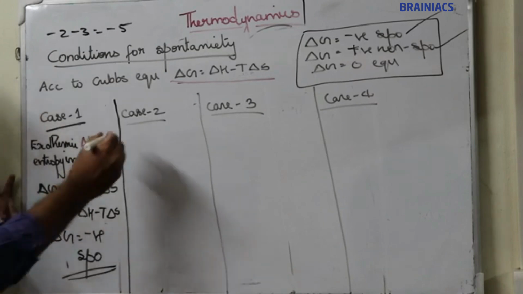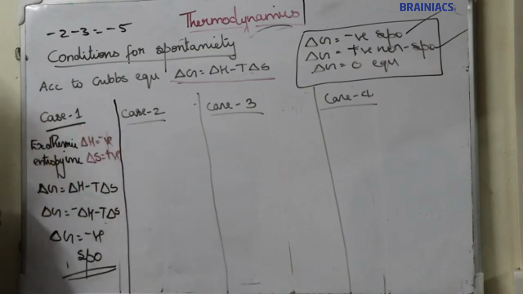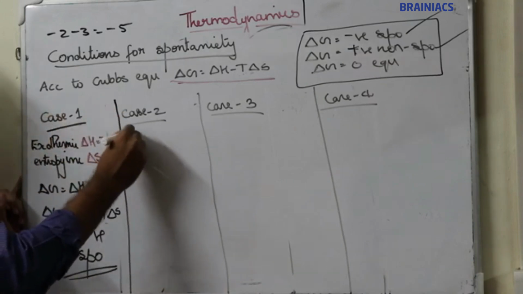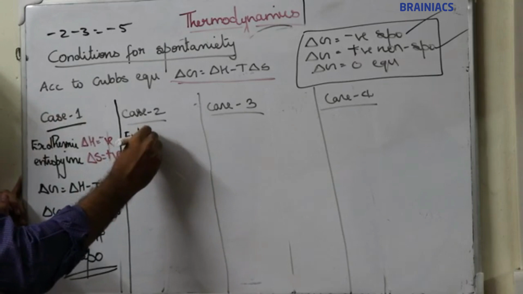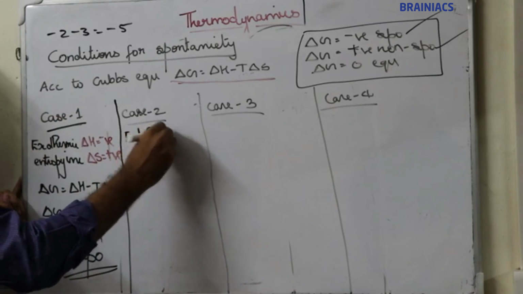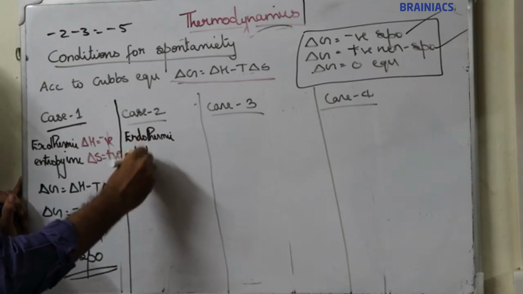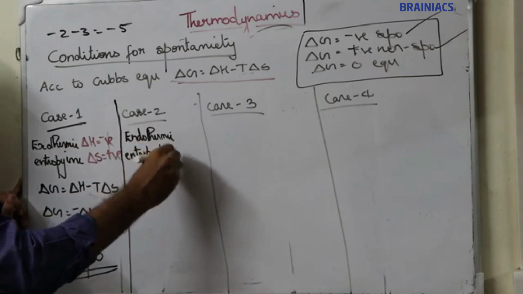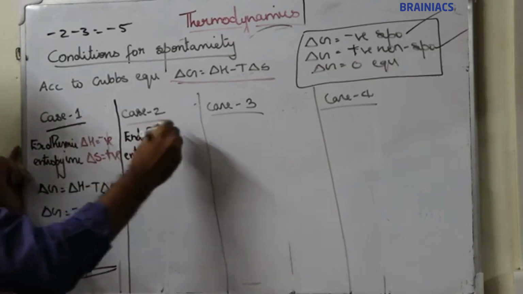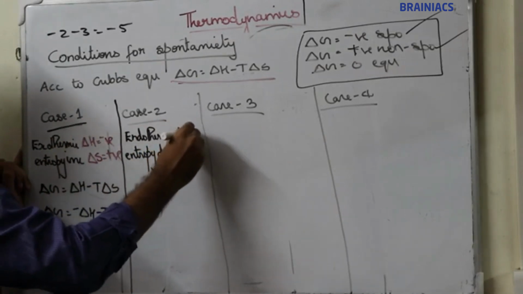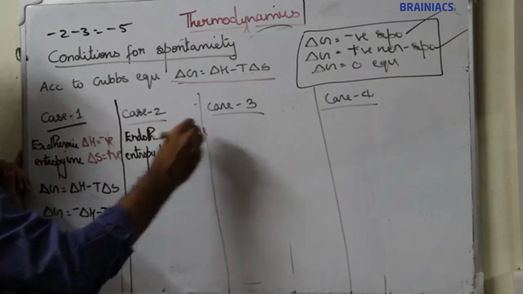Now second case, here we considered exothermic, so you can consider endothermic, with entropy decreases. So endothermic, delta H value positive.